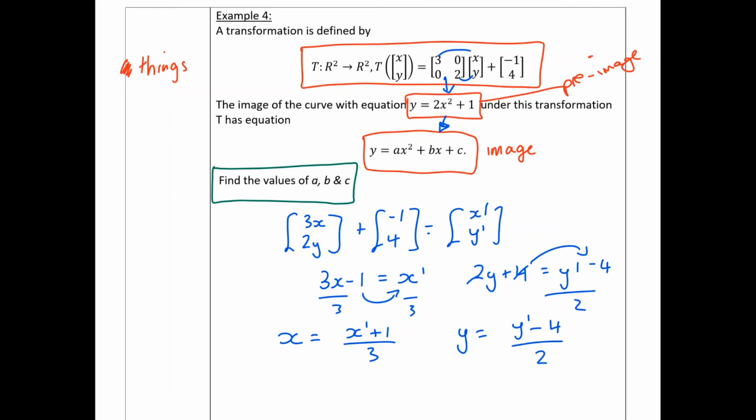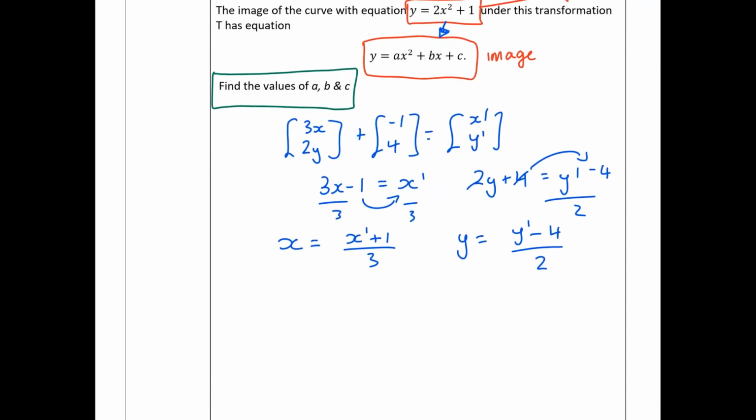Now we can take these new x's and new y's and sub them into my pre-image. So instead of y equals 2x squared plus 1, we're going to replace that x with (x dash plus 1) on 3, and we're going to replace this y with (y dash minus 4) on 2.